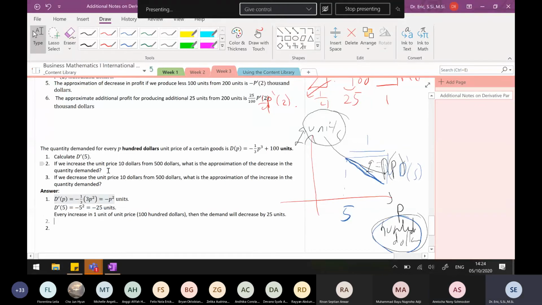The problem is if we increase the unit price by $10 from $500, what is the approximate decrease of the quantity demanded? So every $100 increase in unit price, it will bring the demand decrease by 25.